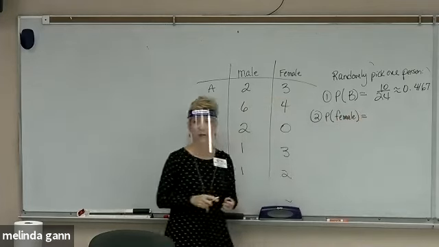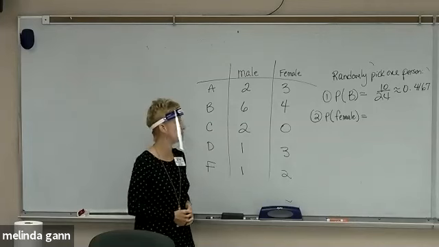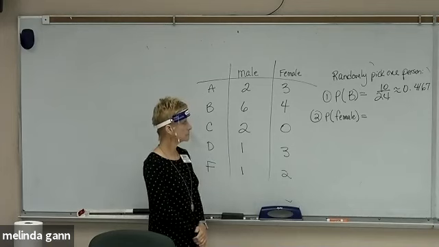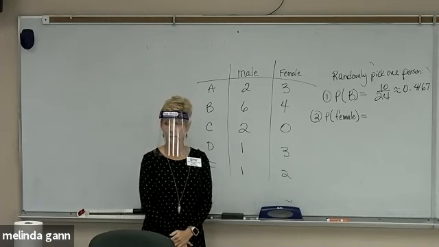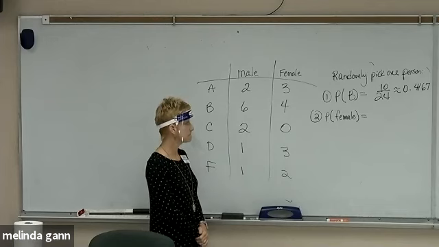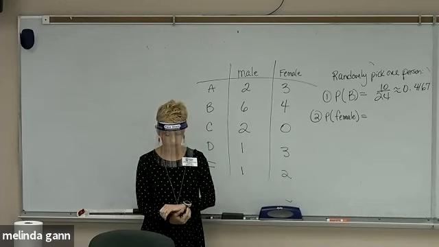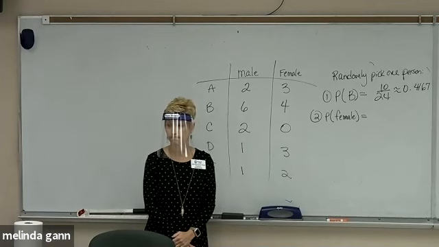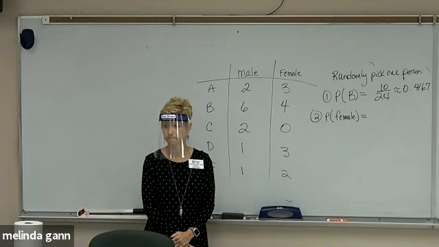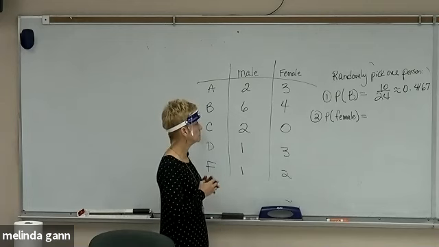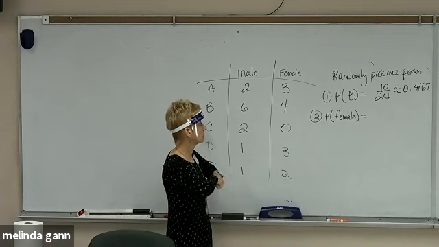I mean the probability that if I just randomly select a name, like a person off the list, that they happen to be a female. What goes on the bottom?